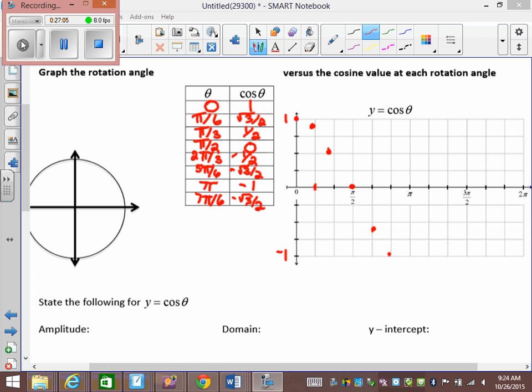Negative 1. Okay. So you can tell it's periodic, so it looks like that.